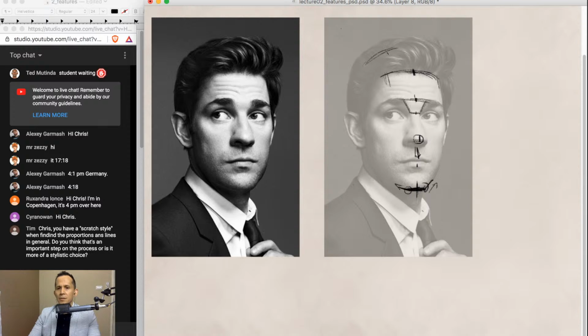Now, in this model here, the skull is hidden behind the hair, but you want to train yourself to be able to see the skull through the hair in your mind's eye.